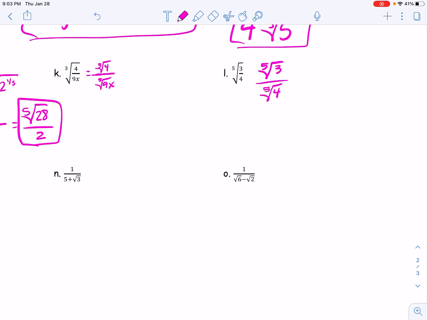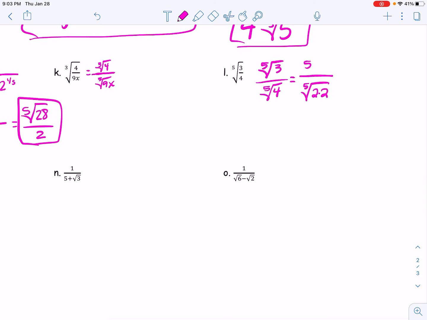If I say, well, this is really the fifth root of 2 times 2, right? Which is really 3 to the 1/5 over 2 to the 2/5, which then I would just need to multiply by 2 to the 3/5.